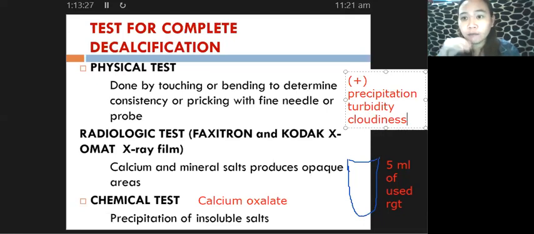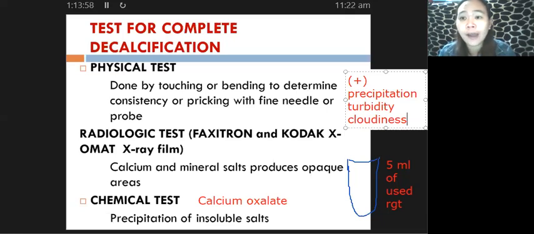If it is positive for precipitation, turbidity, or cloudiness, that means it is positive for calcium or mineral ions, or deposits. So meaning the decalcification process is incomplete. I repeat, the decalcification process is incomplete.